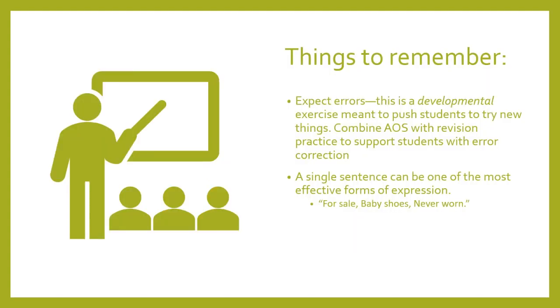And things to remember for this is that you're going to expect errors. So this is a developmental exercise that is meant to push students to try new things. We often need to combine the art of the sentence with revision practice, and support students with error correction. This is not going to all happen at once. It's going to take explicit teaching of this skill.